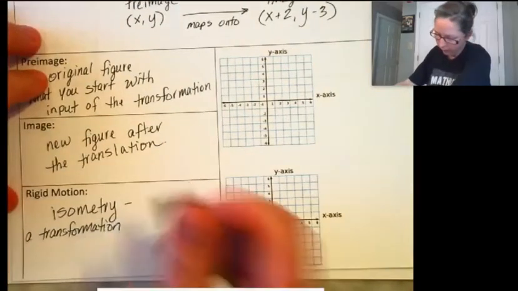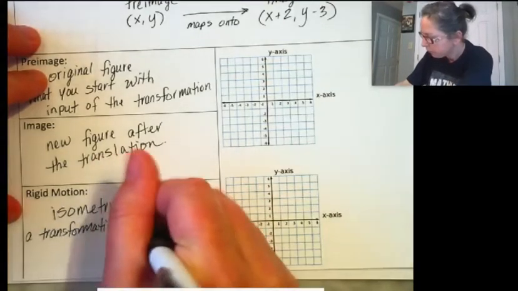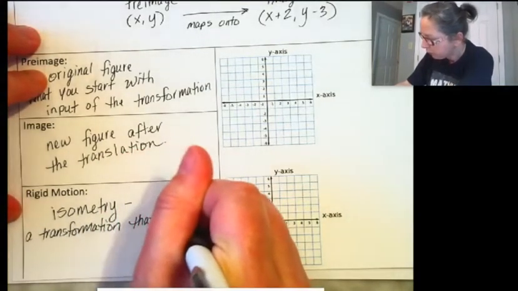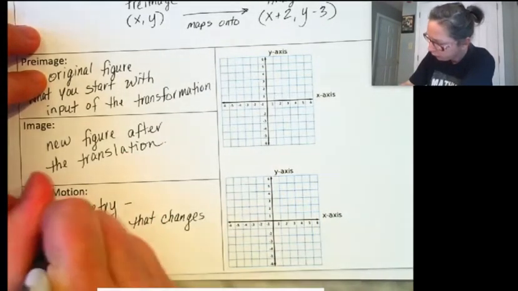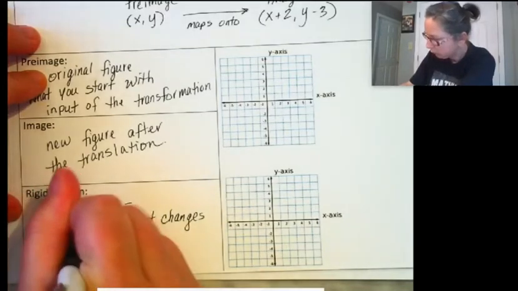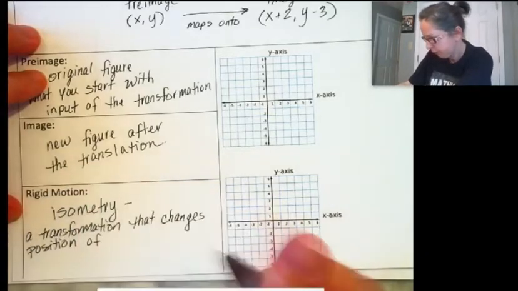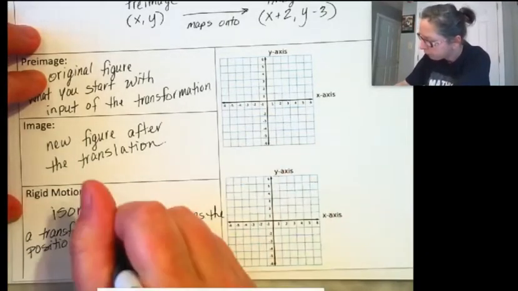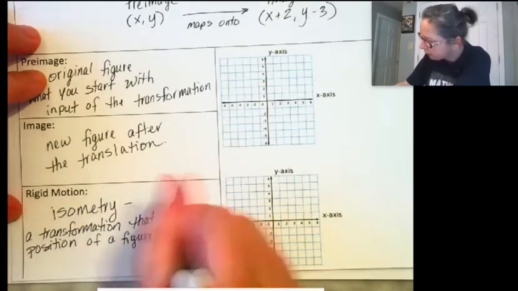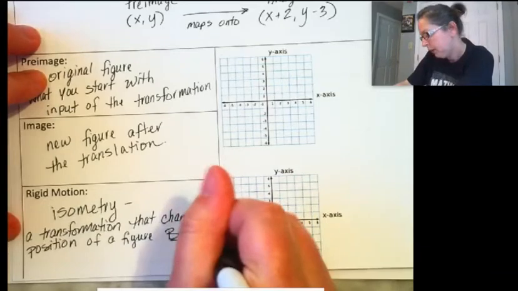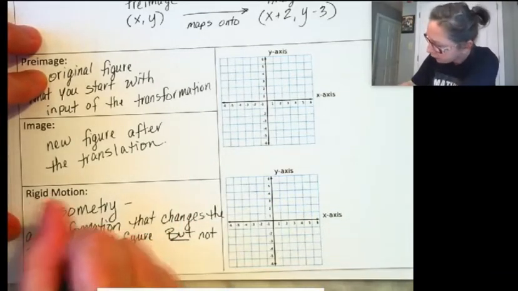Okay, a transformation that changes position of a figure, but not the shape or size.